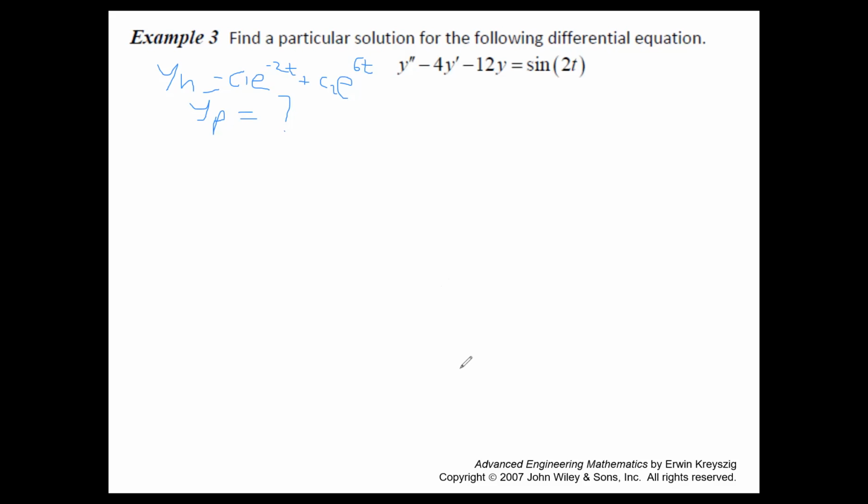Is the choice for YP K cos omega x plus M sin omega x, sir? Okay, let me rewrite it. The K is only a constant; you can use A, B or K, I prefer to use A. So K cos omega t plus M sin omega t.